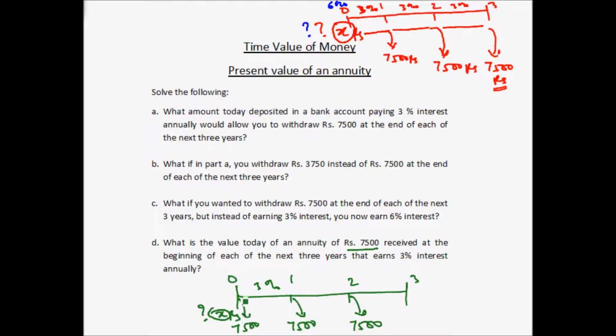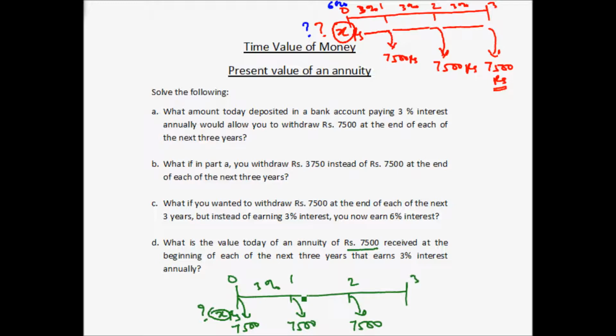So basically here what is happening is that as soon as you deposit X rupees, you are withdrawing 7500 rupees out of that. So this initial amount of 7500 that you deposit is not gaining any interest. Now the remaining amount, that is X minus 7500, is going to gain 3% interest over the first year. At the end of the first year, you're going to withdraw 7500 rupees out of that.